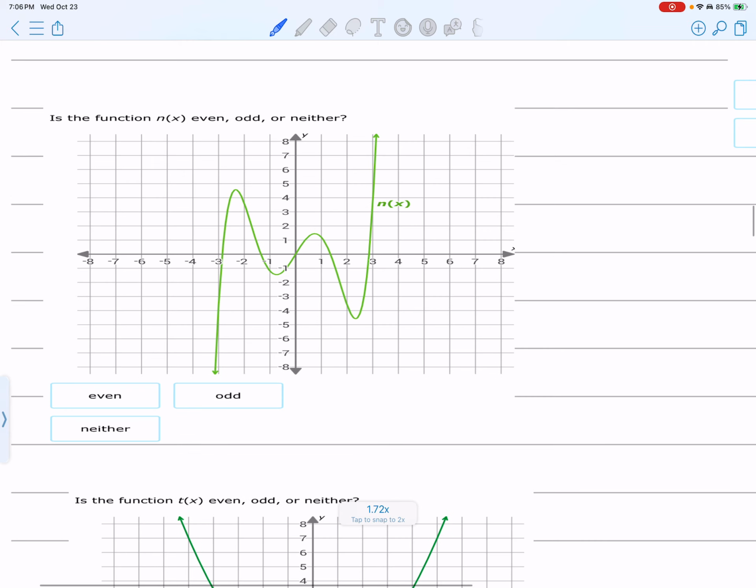All right, the second graph right here. I look at the end behavior. One is going up and the other one is going down. Therefore, this is not even. That's one thing you can cross out right away and then check whether it's odd. Try to check if it's symmetrical across the origin, 0, 0.